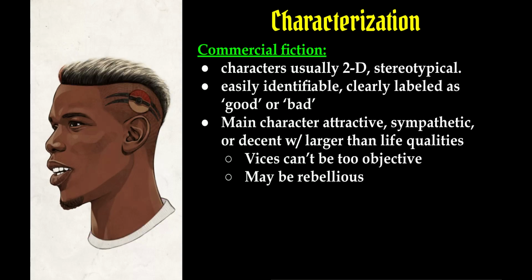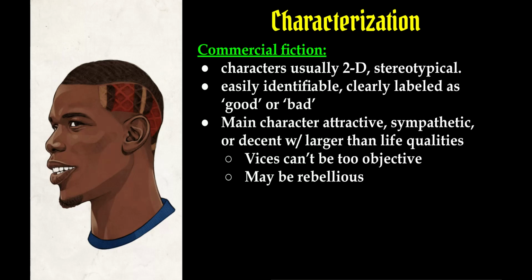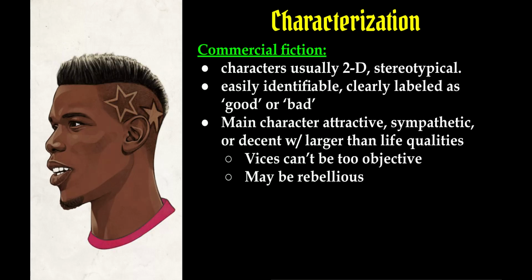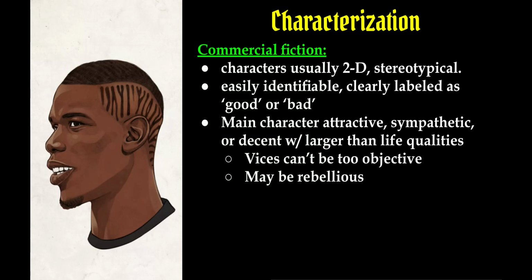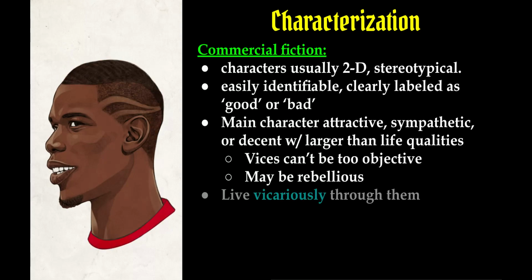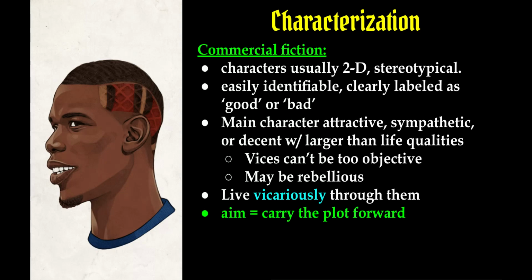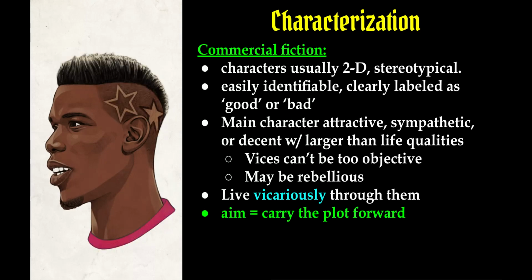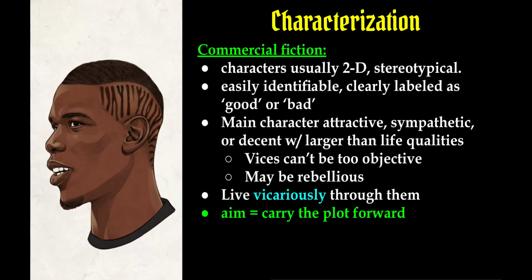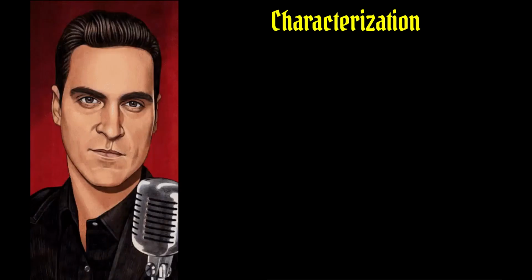Some would say he's kind of dumb, but he's adorable. It's his charming feature. Yeah, he's a thief, but he's a good thief, and so we want to live vicariously through these characters, and vicarious means we want to live through them. The aim in commercial fiction for characters is to carry the plot forward, just to entertain. They aren't getting us to question.